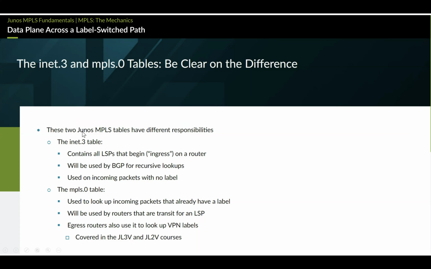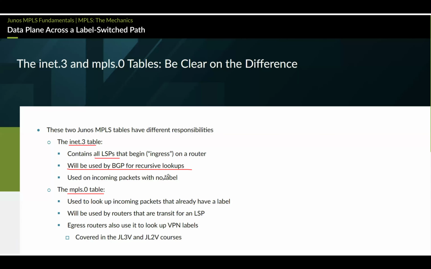These two Junos MPLS tables have different responsibilities. First is the INET.3 table. It contains all LSPs that begin ingress on a router, so all label switched paths will be stored in the INET.3 table. It will be used by BGP for recursive lookup.